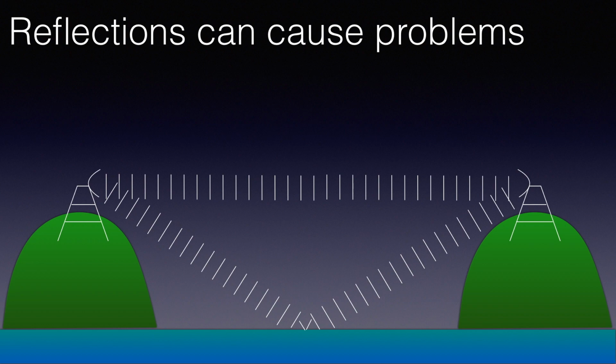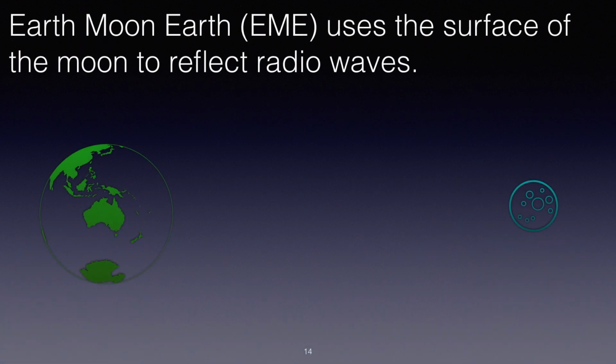You can also get reflections at VHF and UHF frequencies off hills and off buildings, and at HF, as we will see later on, a reflection off the ionosphere. We use reflections to our advantage in amateur radio with Earth, Moon, Earth.